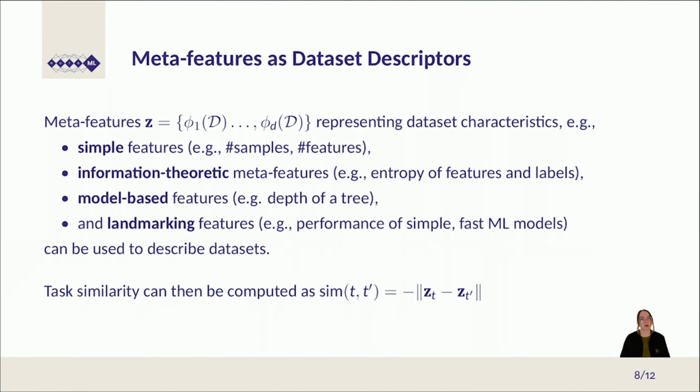For example, if you train a very simple machine learning model on your task, in this case here, a decision tree, and then you take the depth of the tree or the number of leaves, or you directly use the performance. Once you have decided on a set of meta features to use, you can compute task similarity as the distance between these 2 vectors.